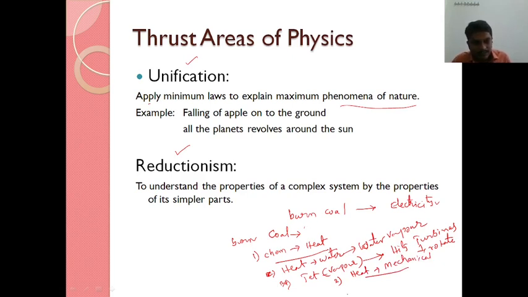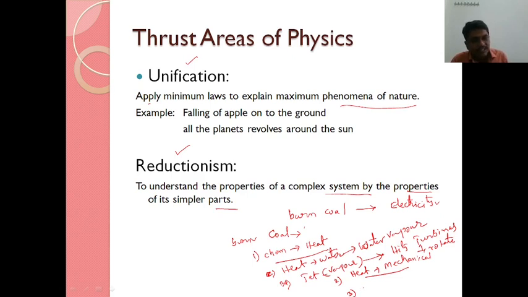Okay, so we are dividing the biggest problem into small problems to understand the properties of complex systems. What happens is, we have to understand the properties of the simpler parts. So the conversions: chemical to heat, and heat to mechanical. Next, what happens when turbines rotate?